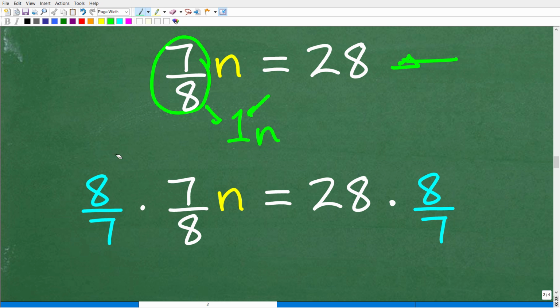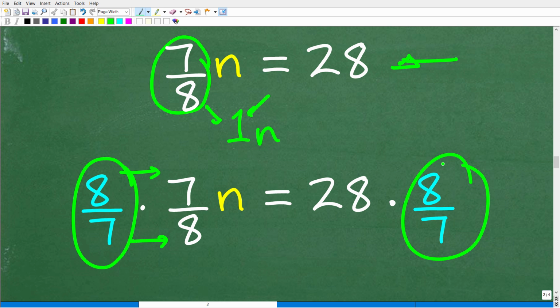Now, the reason why this is an easy way to do this is because when we multiply these two fractions, we're going to have 8 times 7 over 7 times 8. All of this right here is going to be equal to 1. But remember, in algebra, the rule is whatever we do to one side of the equation, you have to do the exact same thing on the other side. So you just can't do this on one side.